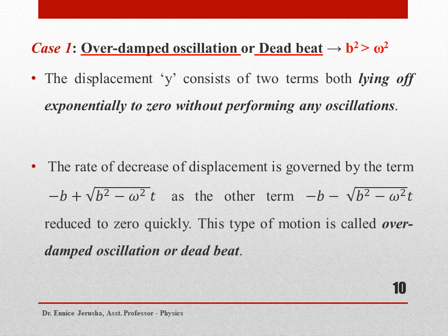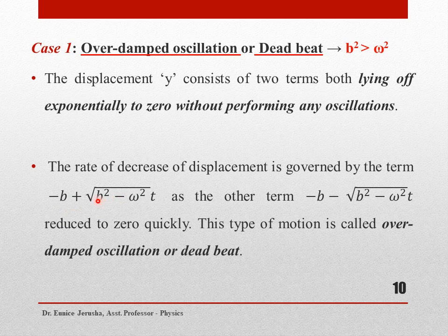The rate of decrease of displacement is governed by the term minus b plus square root of b square minus omega square into t, and the other term is minus b minus square root of b square minus omega square into t. If b square is greater than omega square, the square root of b square minus omega square will be real and it will be less than b.